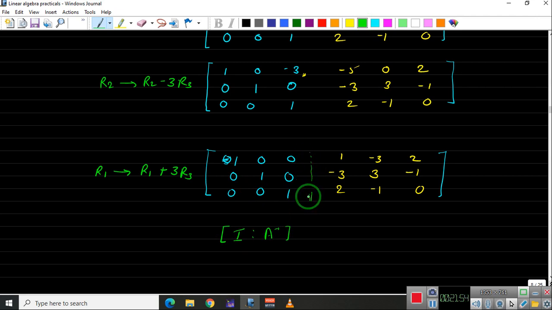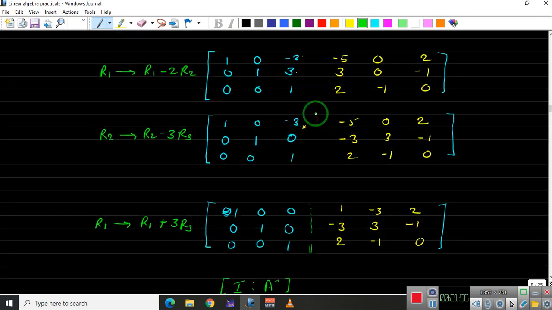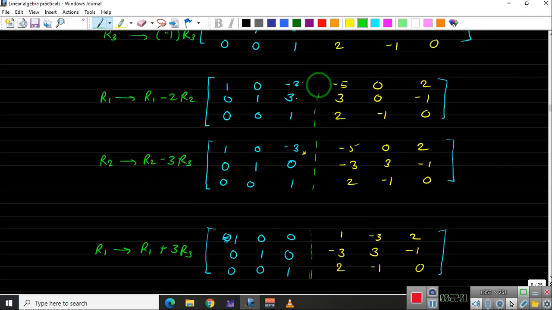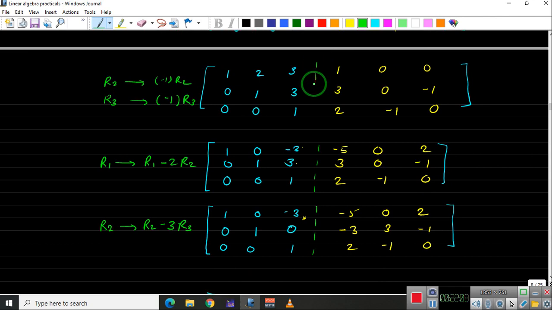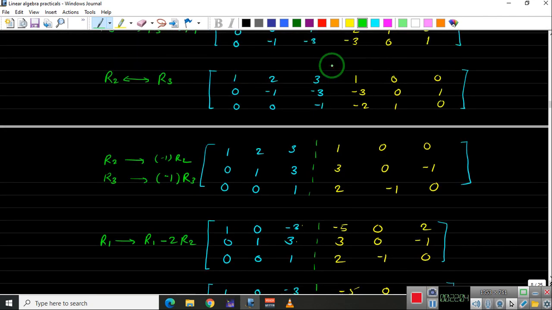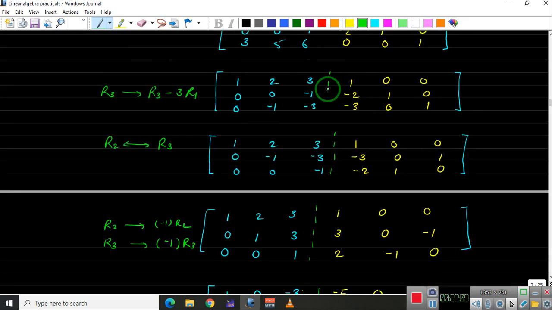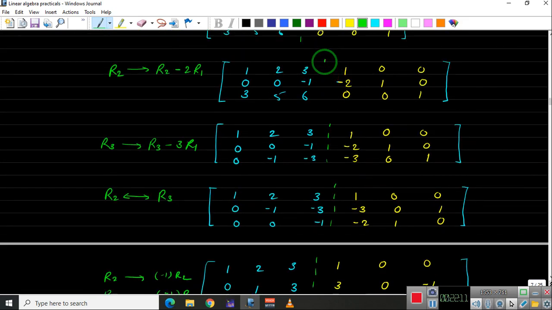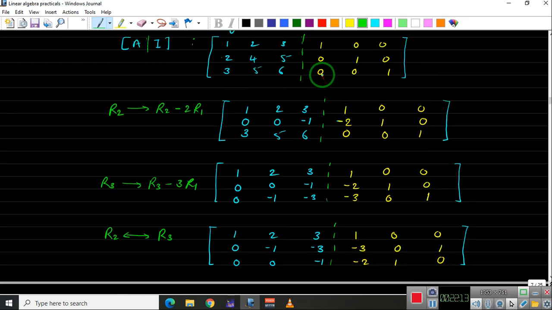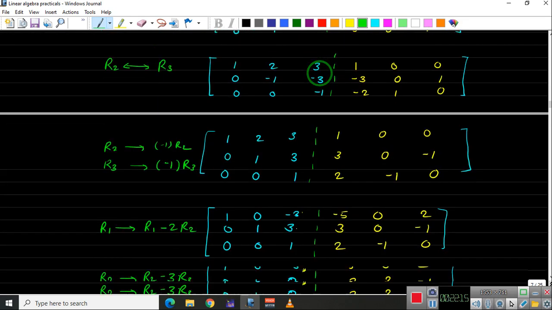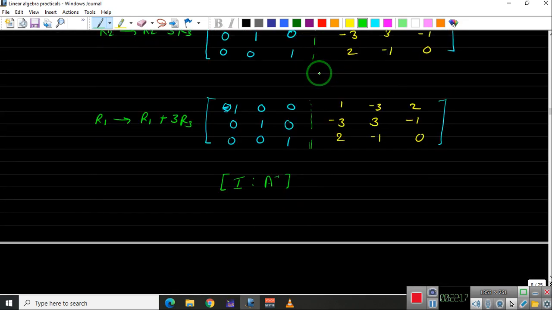Let me just write like this for your understanding of the partition kind of things. Even if you don't write, there is no harm, just for your understanding. Okay, so this implies, what is the inverse of A?